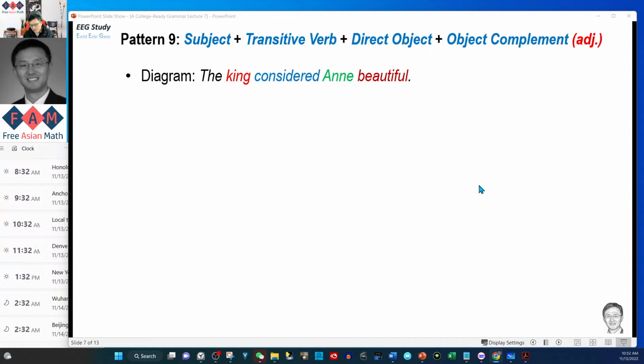But more confusing, even when some verbs do, they will have a different meaning if we remove the complement. For some verbs, they have to have this complement. But for some verbs, we actually do not have the object complement, but the whole meaning of the sentence will change. So that's why we take a pause here.